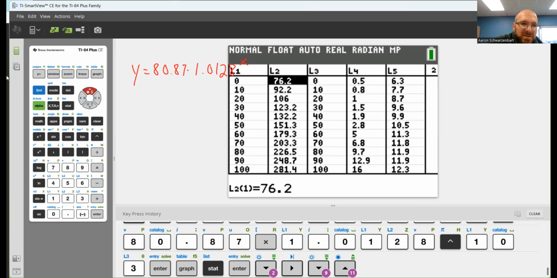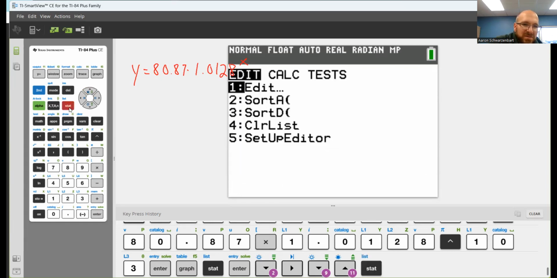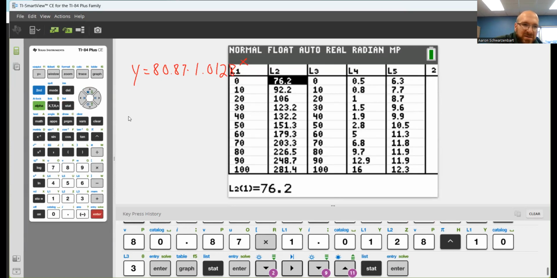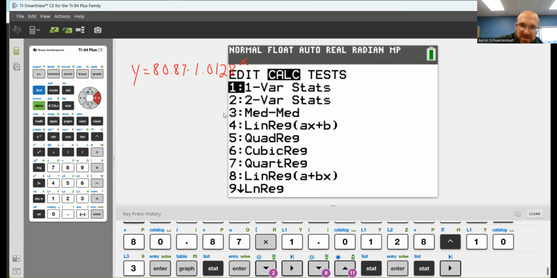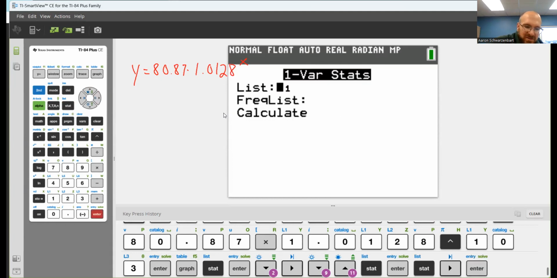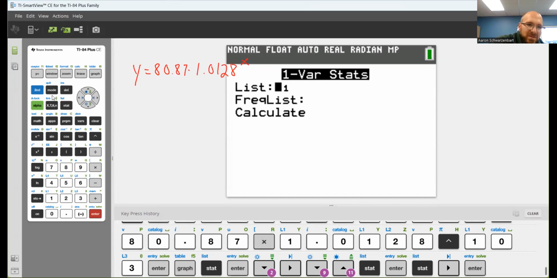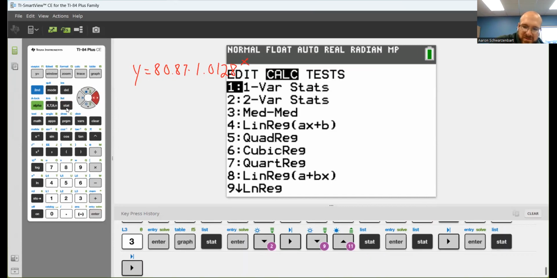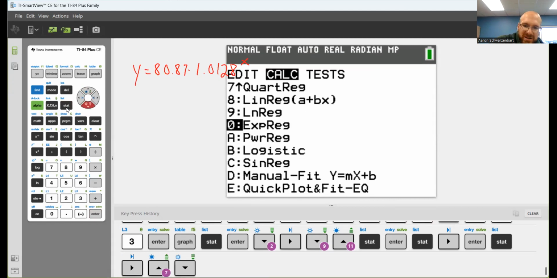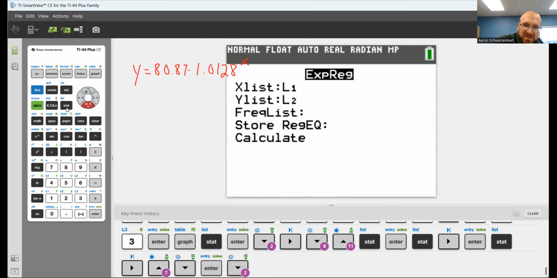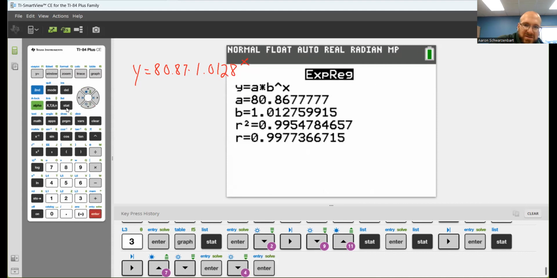Let's double check that I did everything correctly. Stat, calc. No, that's not what I want. I went down to the bottom and back up because I thought it was faster. Yeah, I don't get exactly what they did. But there it is. It's pretty close. So it's a little over either way.